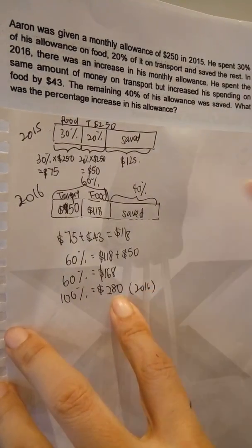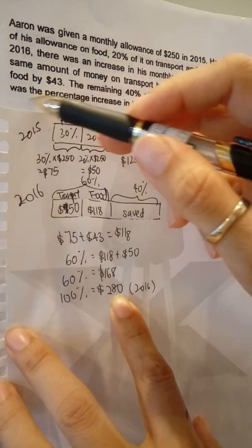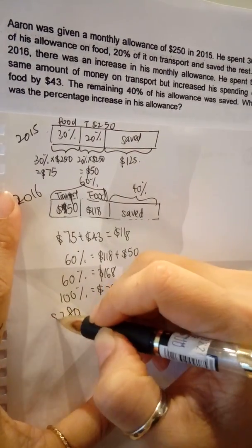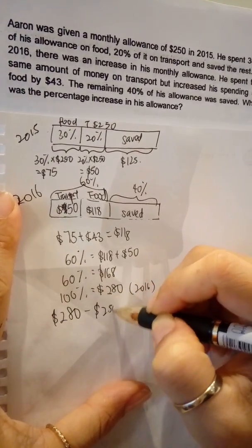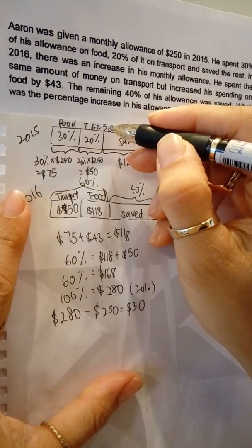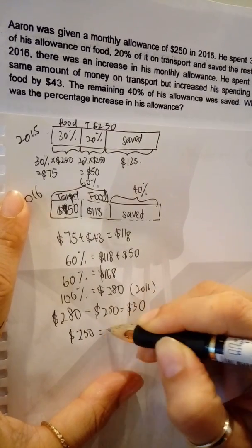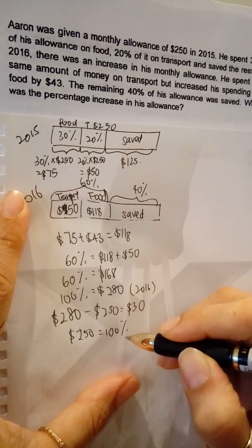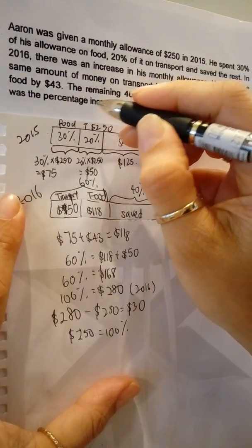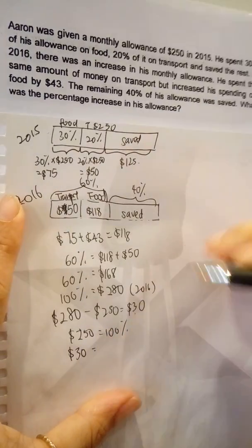But you see, this is not the answer. You must complete the working. Don't stop here. What was the percentage increase? There's an increase of $30. So the original 250 is 100%. What was the percentage increase? The amount increased was 30, so you only look for 30.